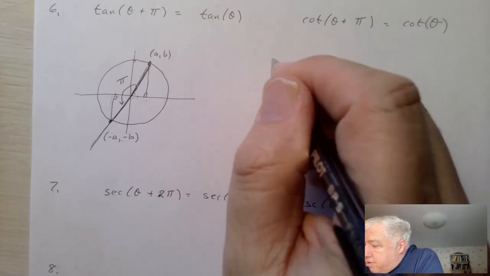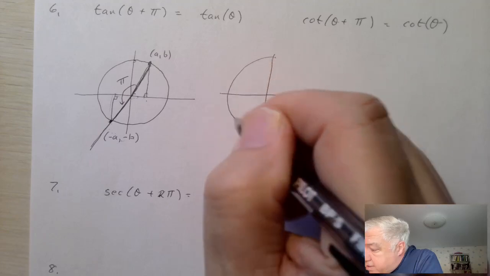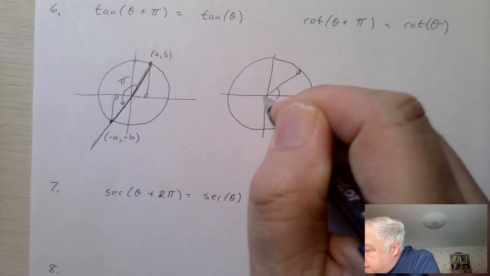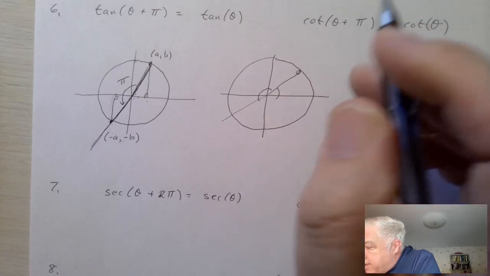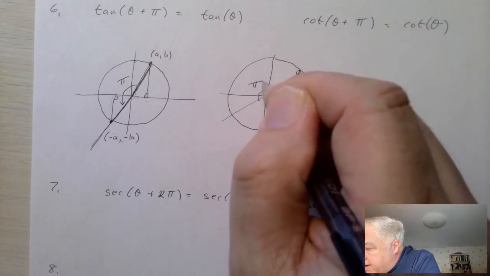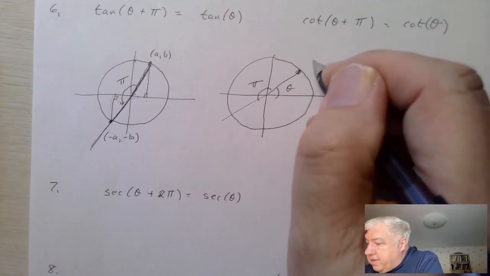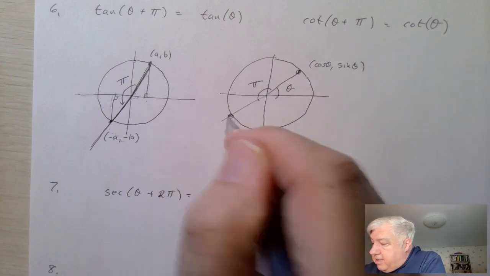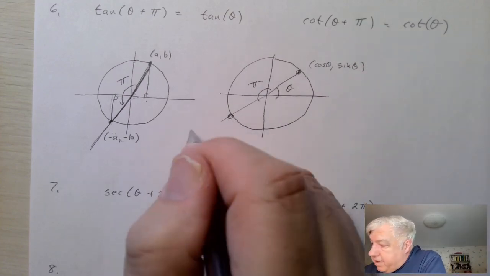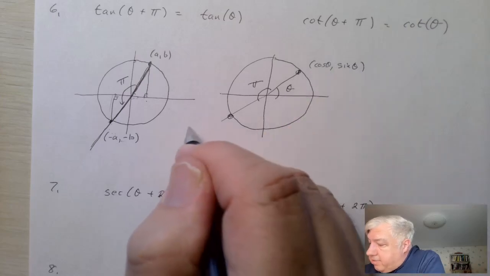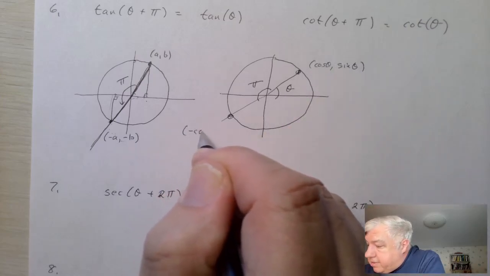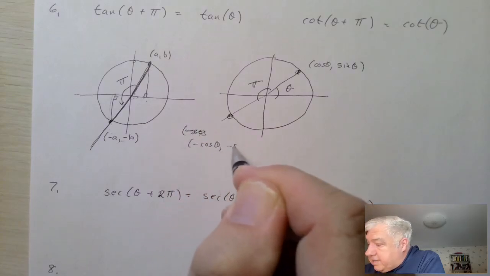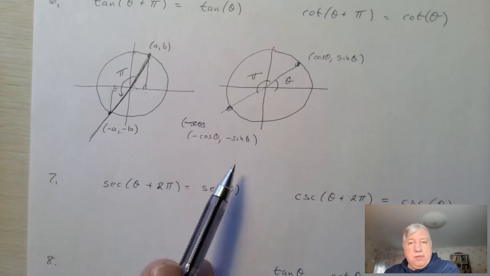So let's say this is theta and this is theta plus pi. The coordinate of this would be cosine theta, sine theta, and the coordinate of this would be minus cosine theta, minus sine theta, according to this.